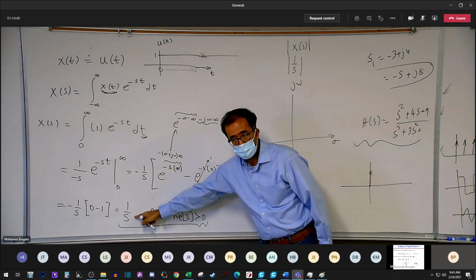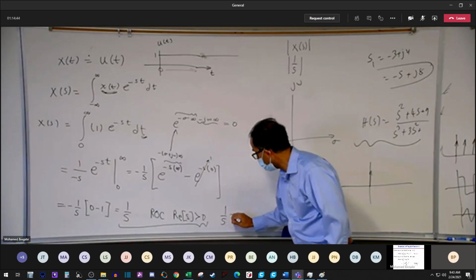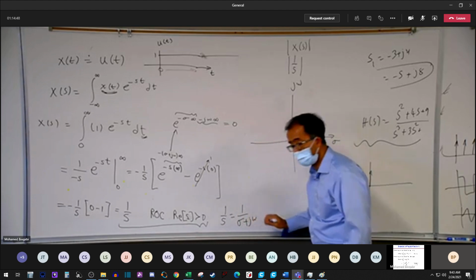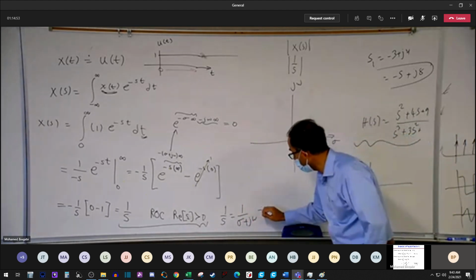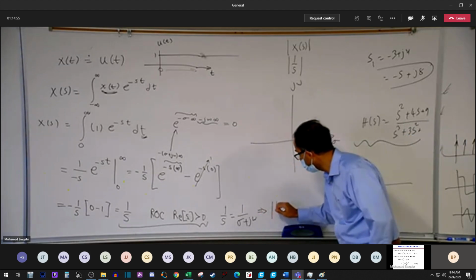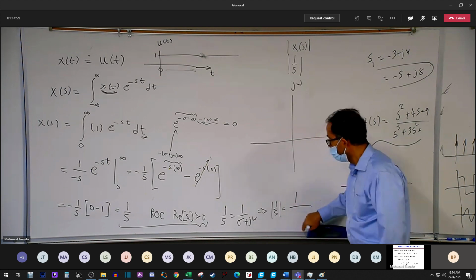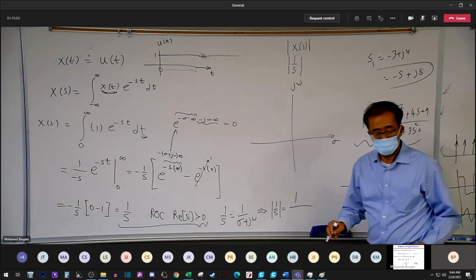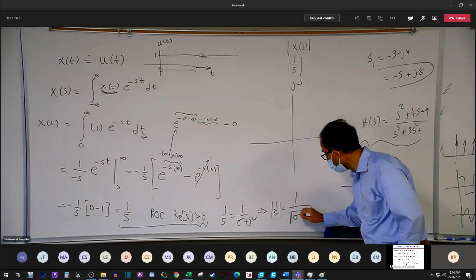Let's write 1 over s. 1 over s is the same as 1 over sigma plus j omega, right? Because s is sigma plus j omega. Now the magnitude here will equal 1 over the magnitude of the denominator, because the denominator is complex. So that will be 1 over the square root of sigma squared plus omega squared.